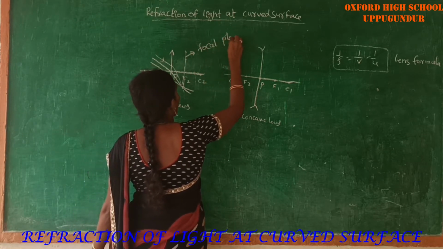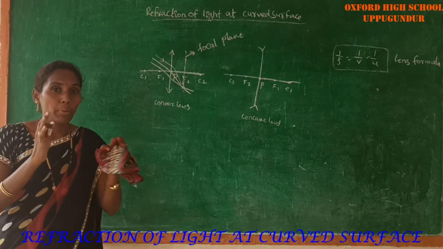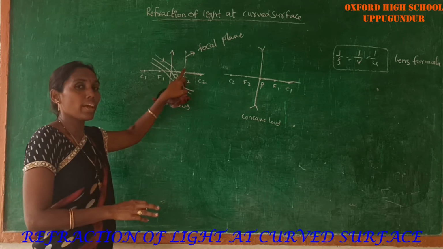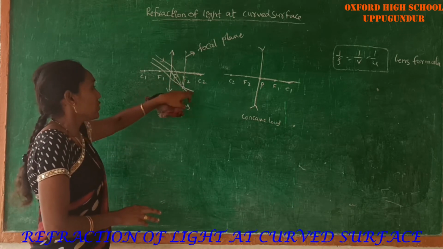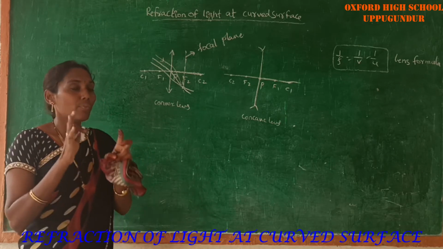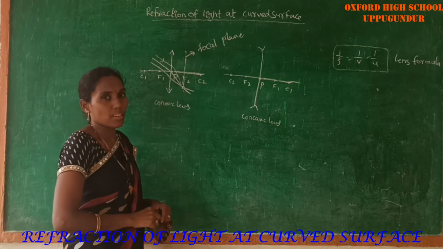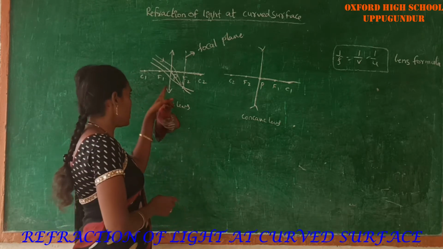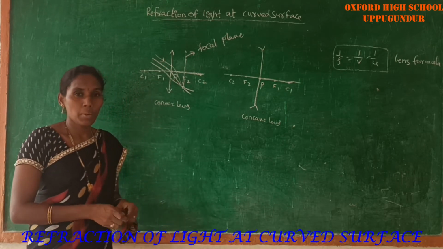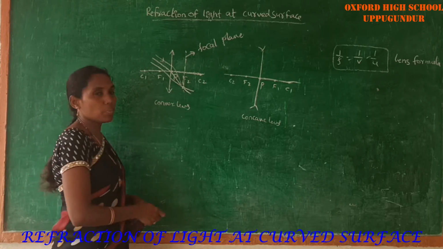That means when parallel rays make a certain angle with the principal axis, they form a plane called the focal plane. The focal plane is always perpendicular to the principal axis and parallel to the convex lens.